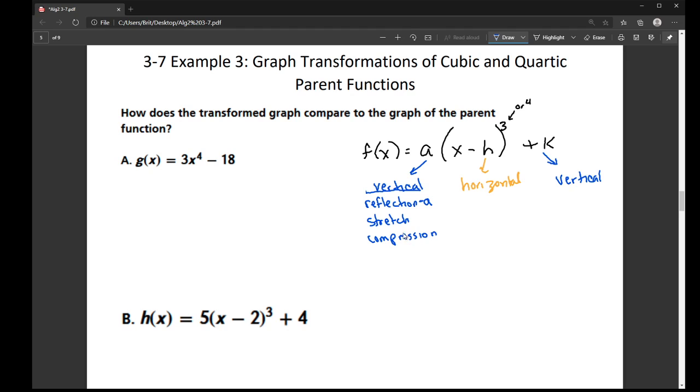Now, to tell if it's a stretch or a compression, then we look at the actual value of a. So if the absolute value of a, I'm going to say because it could be a negative, but if the number itself is bigger than 1, you're going to have a stretch. And if the number itself is less than 1, so if it's like a fraction, like 1/2 or 1/4, you're going to have a compression.